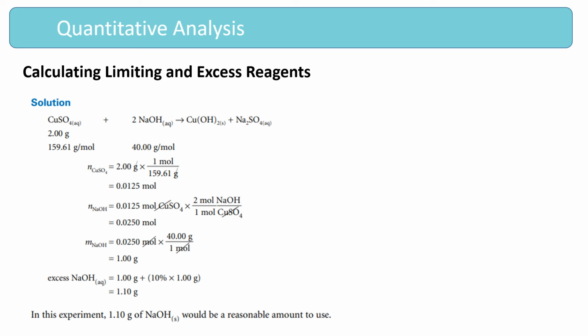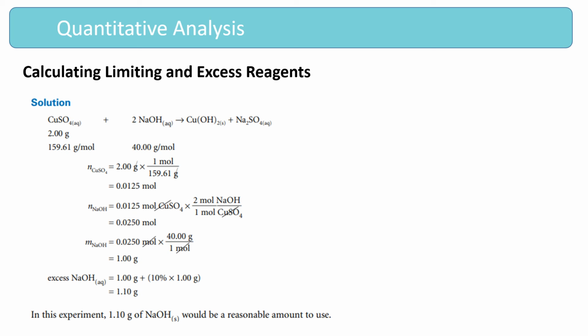So then we're going to find the mass of the NaOH, and we know that we have 0.025 mole. We know it is 40 grams per mole from its periodic table calculations. Divide by 1 mole, and that's equal to 1 gram.